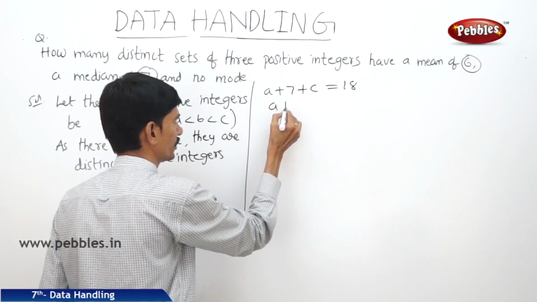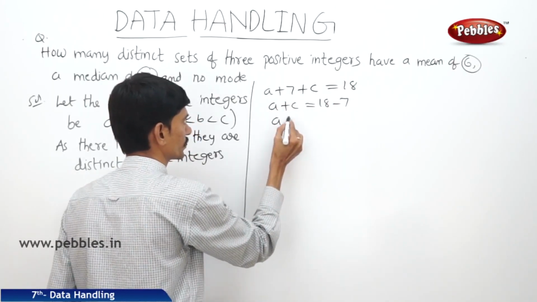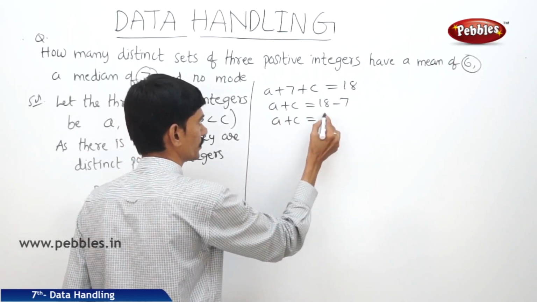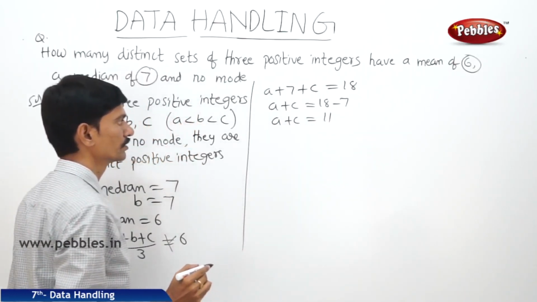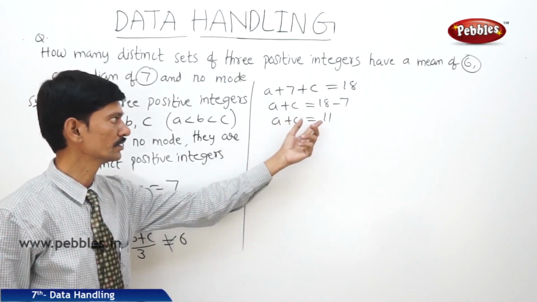Then a plus c equals 18 minus 7, which is 11. So we have to find the values of a and c such that their sum is 11.